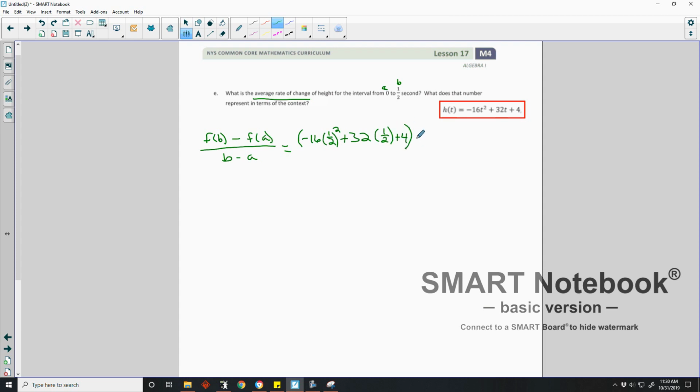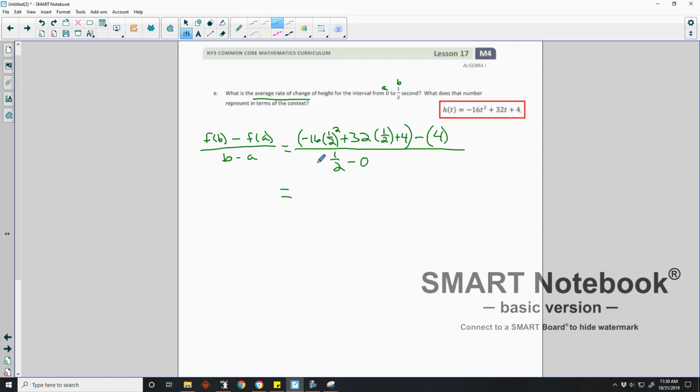We're going to take all of that and subtract f of a, which is f of 0, and that would just be our y-intercept because 0 substituted in here and here, these cancel and we're just left with 4. So I'm not going to spend the time doing that. All over b, which is 1/2, minus a, which is 0.